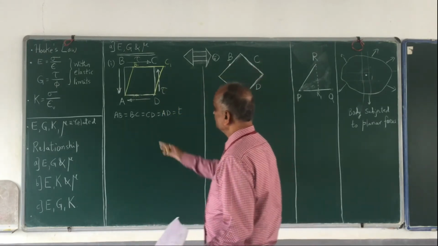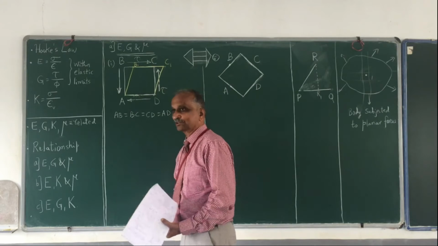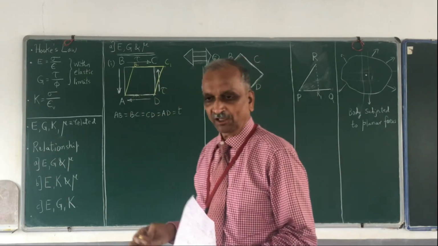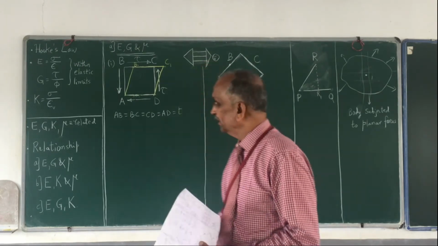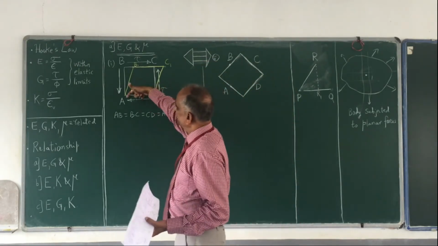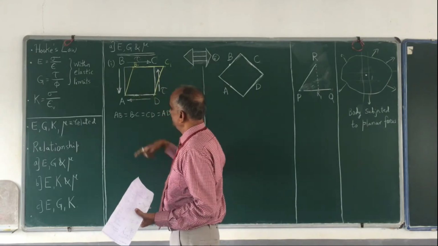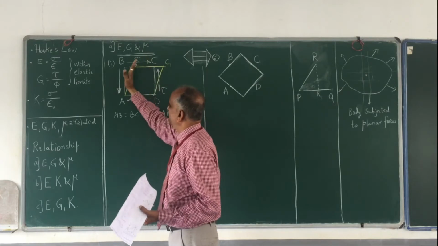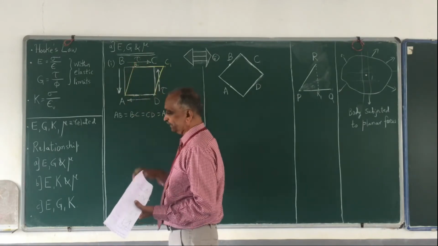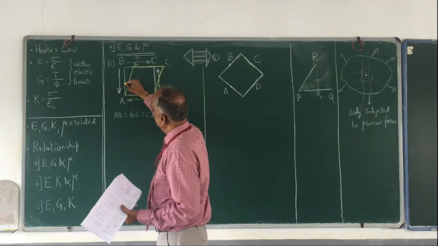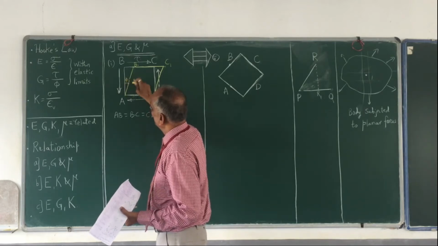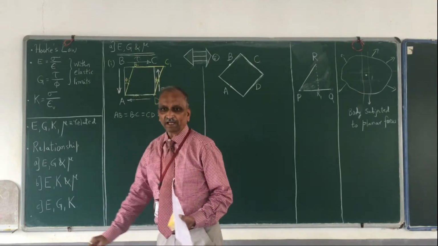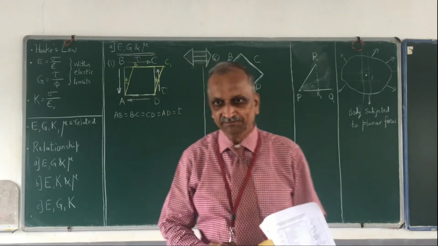So the shape has distorted. It is no more square, and therefore the stress responsible for this is also known as distortion stress. Earlier, AB was perpendicular to AD. Now the new edge AB1 is not perpendicular, and there is a change in the angle. This angle I am referring to as phi, and this phi is called shear strain.